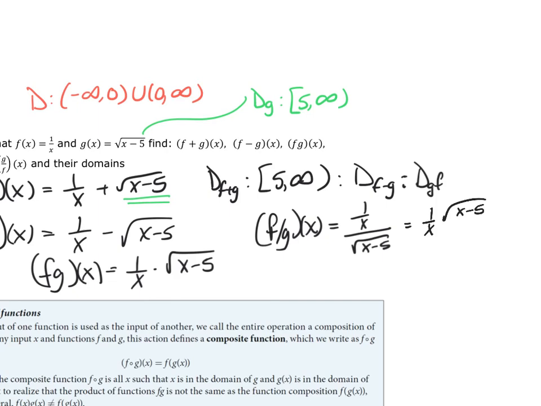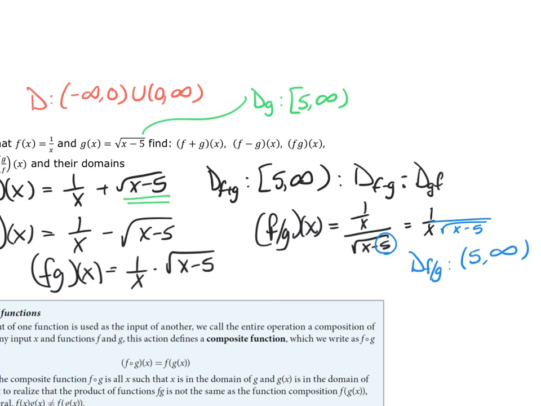Its domain didn't change, except when I do this, I can't include 5 because it's part of the denominator. Let me erase this. This should actually be like this, x minus 5. So I picked up something new. The domain of f divided by g is non-inclusive 5 to infinity.